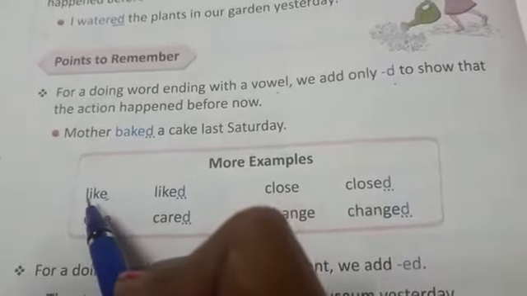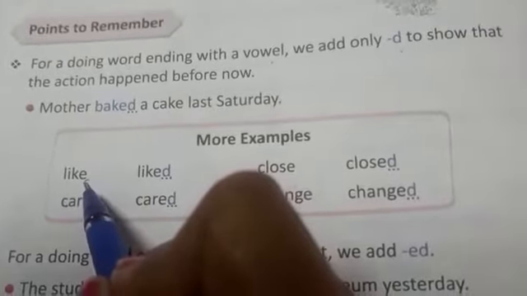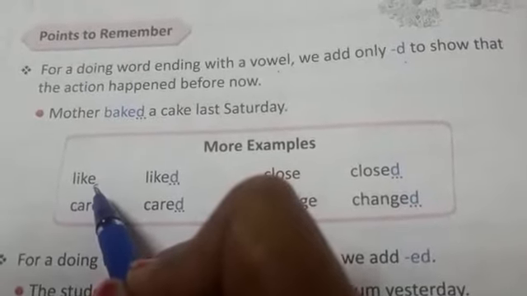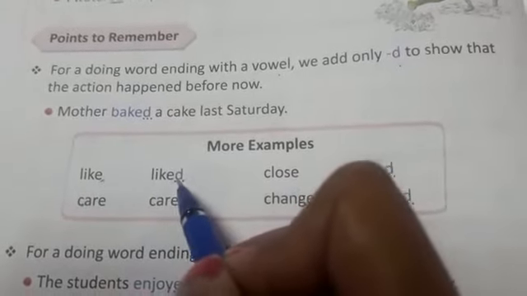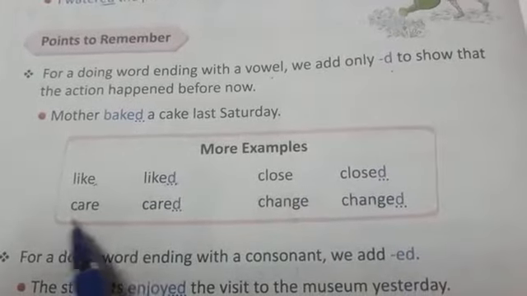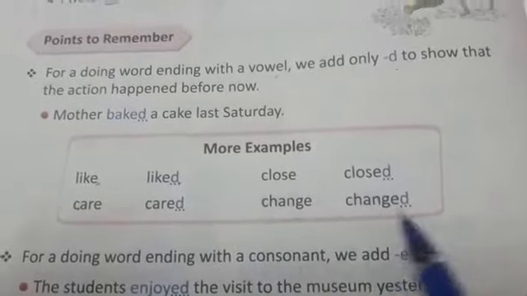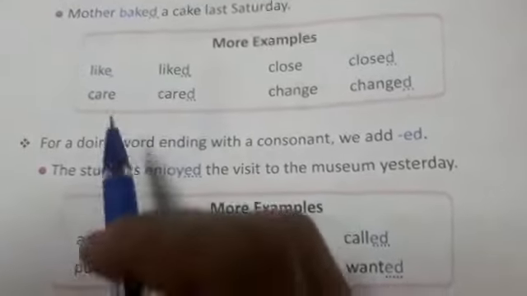Some more examples: L-I-K-E, like. E is a vowel, so we add only d, and it becomes liked. Now close, closed. Care, cared. Change, changed. Now we'll move to the next.